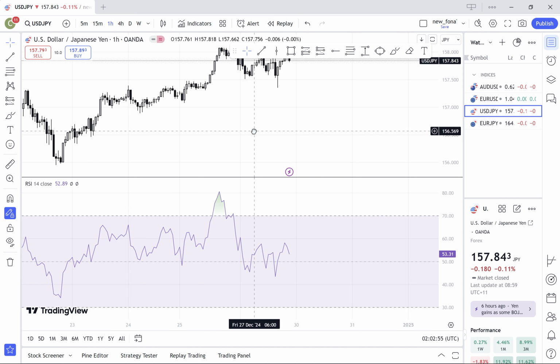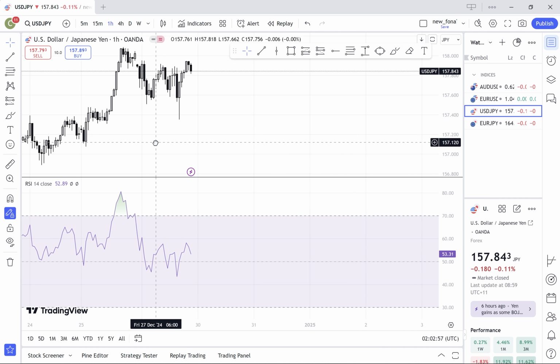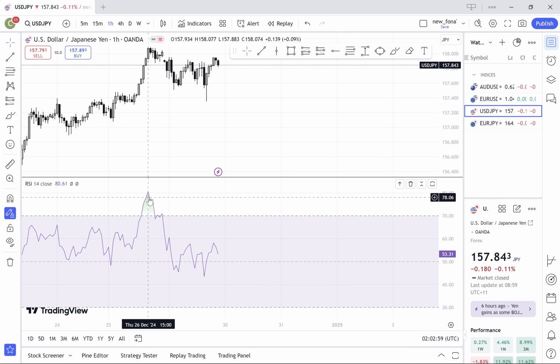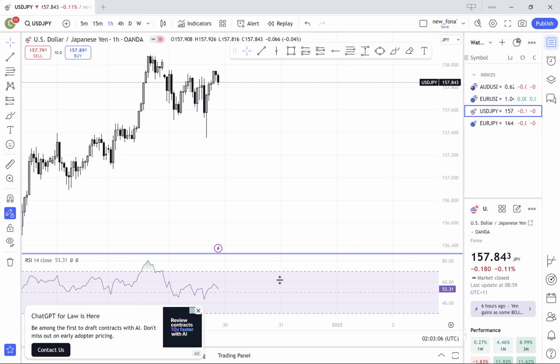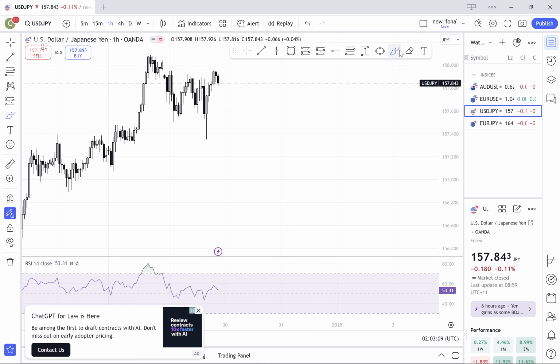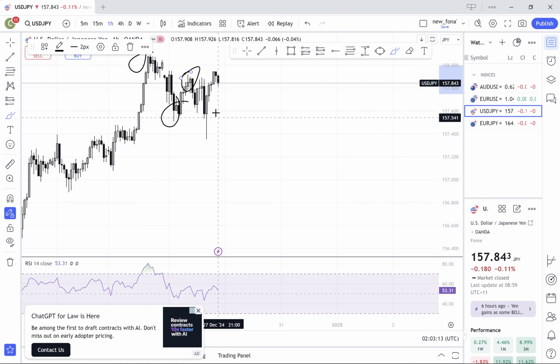But anyways, as you can see, here's a high, and we'd expect the price to actually reverse. Now to confirm that, if I was not using this indicator, I would be like, okay, there is a high and a low, and there is another high, which is a lower high and a lower low, and there happens to be a higher high.